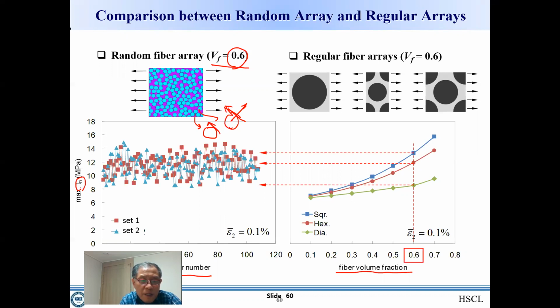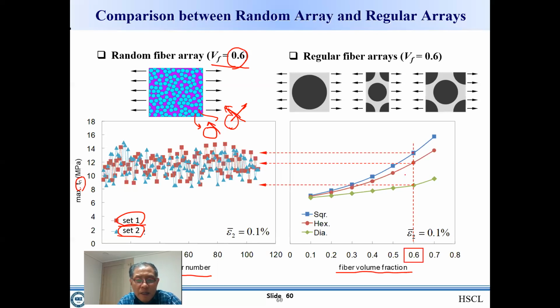Set 1 and set 2 mean that the first time we generate is called set 1, and the second time we generate another one is set 2. So you can see how they are distributed.